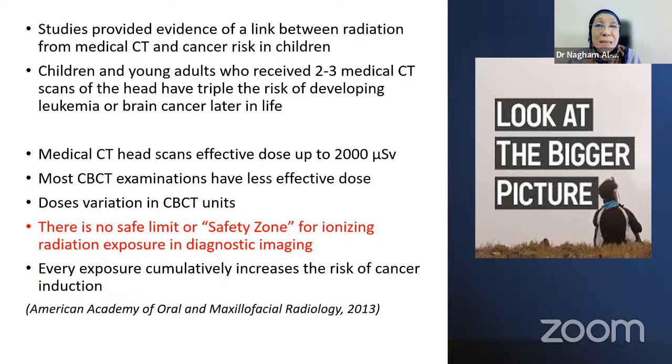Even if you are using the same field of view, let's say a small field of view in one unit, maybe you will get 30 microsievert, and using a small field of view in another unit, maybe it will give you 100 microsievert. So that's why we cannot standardize how much all the CBCT units possibly will give as a dose of radiation.